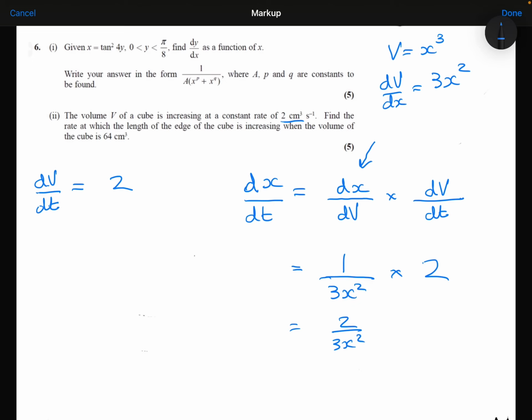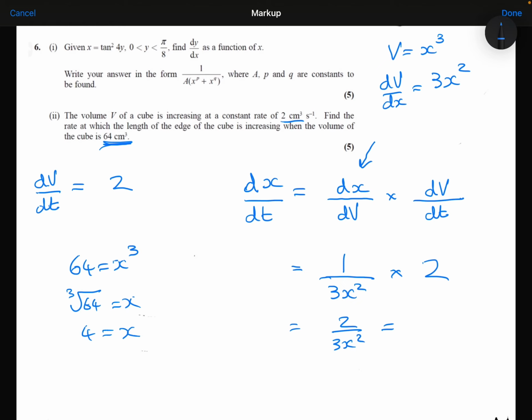Now I want to be able to actually say what the rate is. So I want to find the rate when the volume is 64. So if the volume is 64, I can say that 64 equals x cubed. So x is the cube root of 64, which is 4 at that point.